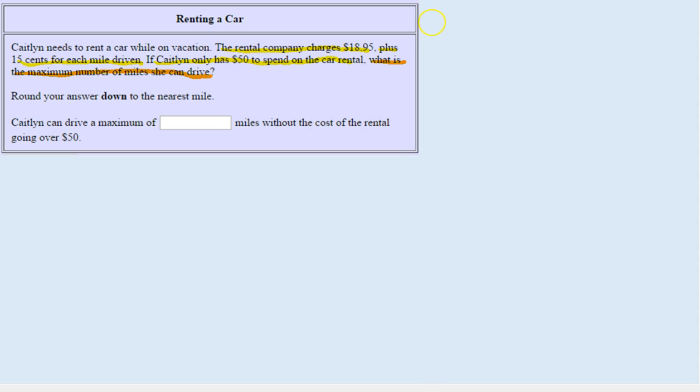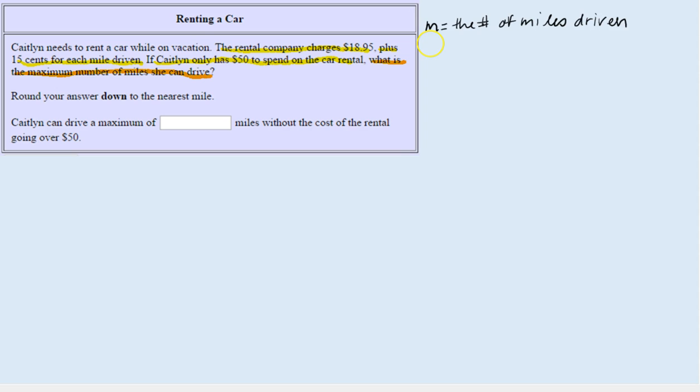So let's call, how about M equals the number of miles driven. And I used M because miles begins with M. You can call it anything you want, but it's nice if the letters correspond to the words so that you can correlate them easier when you're looking at your equation.